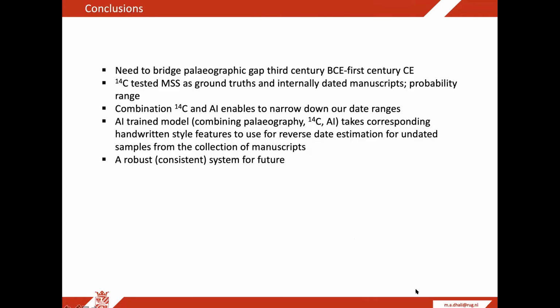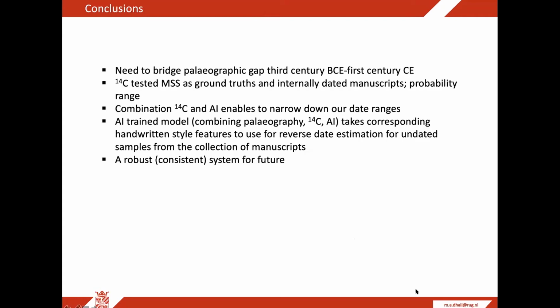Now to conclude. We have a system now that works robustly and in a consistent way. Is it perfect? If you ask me, I would say that the system is working perfectly. We still have issues with how the system is trained. The system is trained on the radiocarbon data, and the amount of radiocarbon data we have is the anchor of everything.